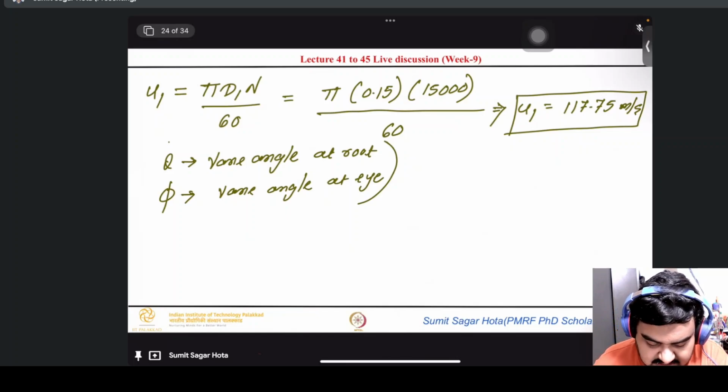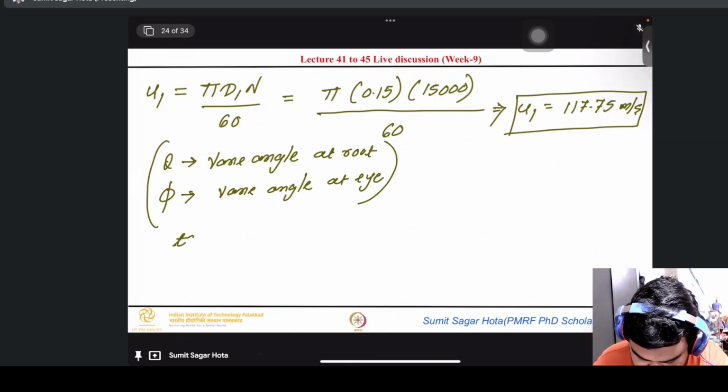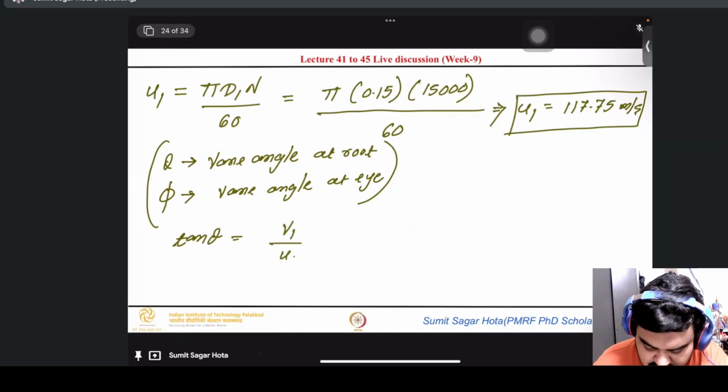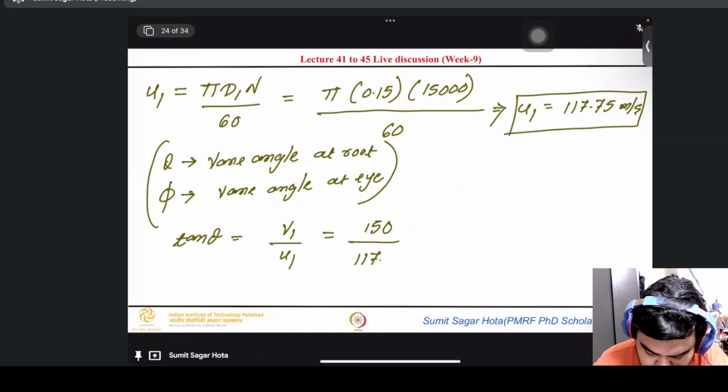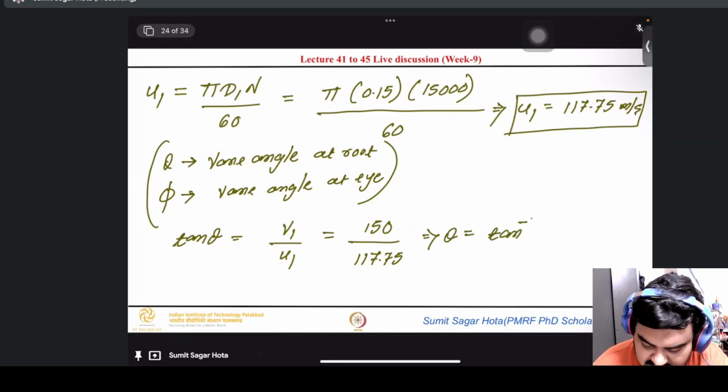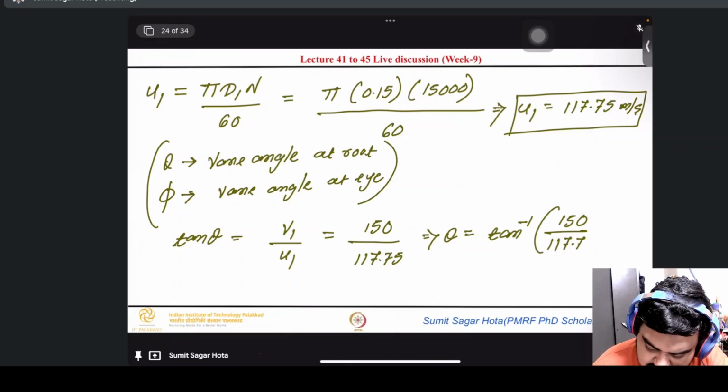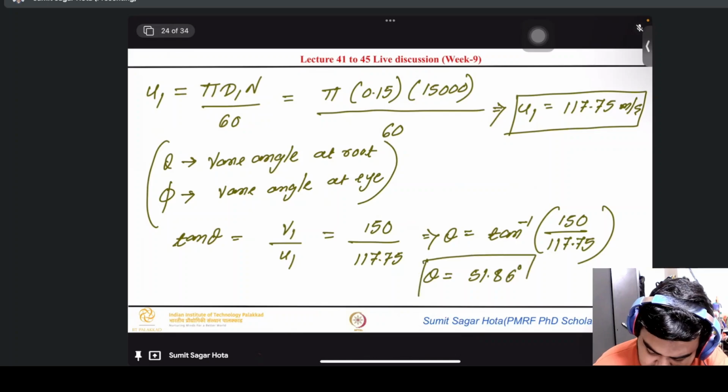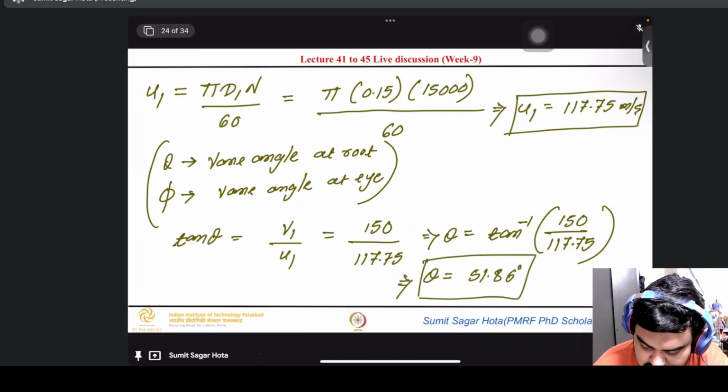So now find out the tan theta. V1 by U1 is equal to 150 divided by 117.75. Theta equal to tan inverse 150 by 117.75. Now what is theta? Theta is equal to 51.86 degree. Okay, this is your answer.